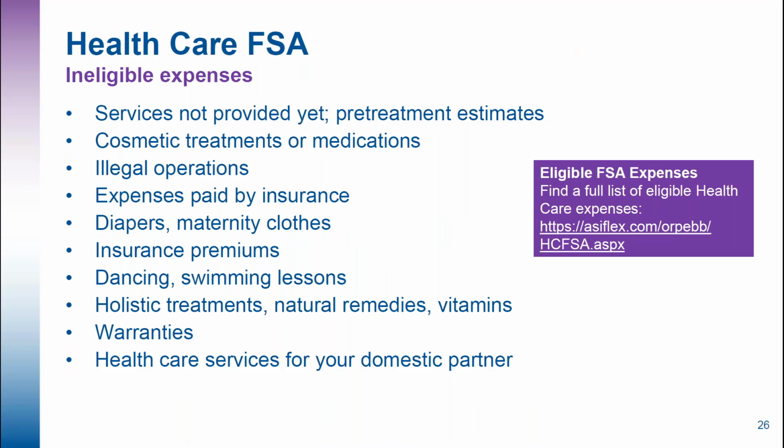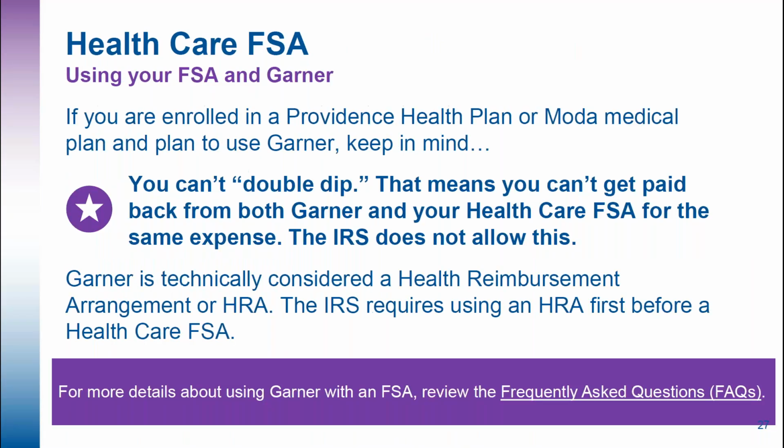Again, I got my supplements covered because my naturopath wrote a letter that said Linda has these conditions, and because of these conditions, she needs to take these supplements. Let's go back to that slide, the previous one.